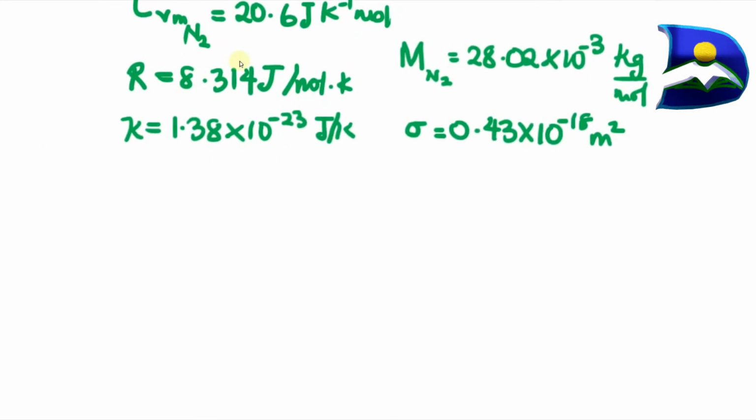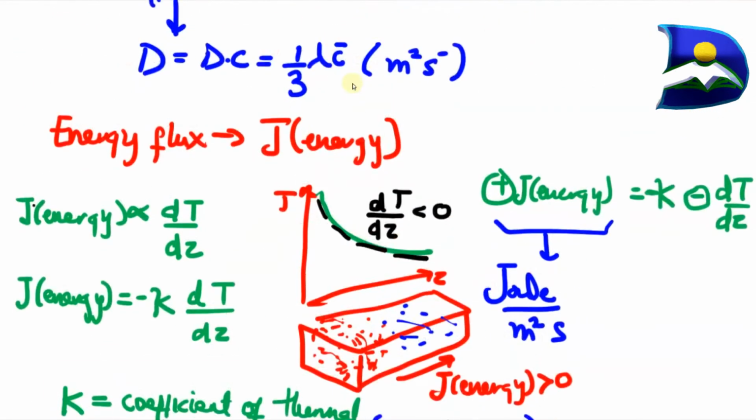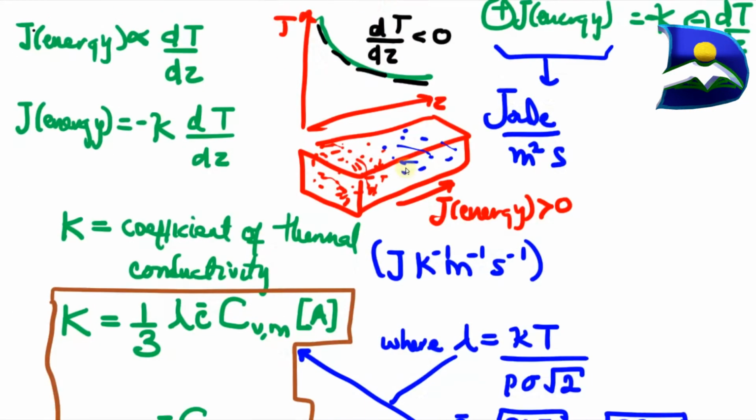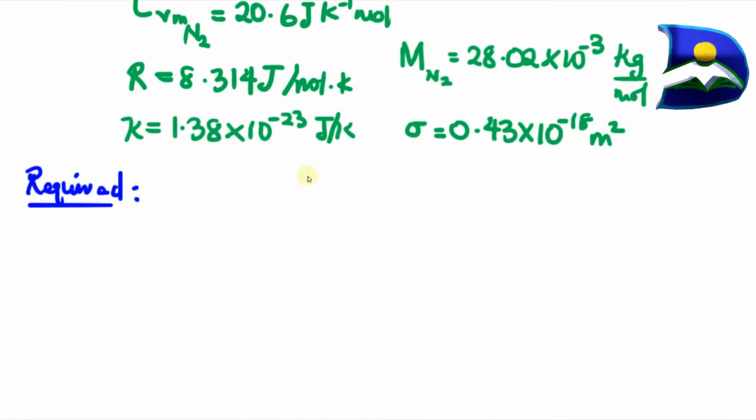So our required quantity is the thermal conductivity, which based on our previous video is shown in terms of k, the coefficient of thermal conductivity. That k is what we are going to figure out. Our analysis is going to derive a formula that fits the specific givens, and doing that involves the following.